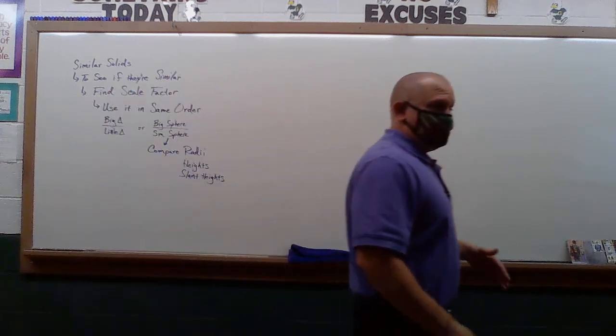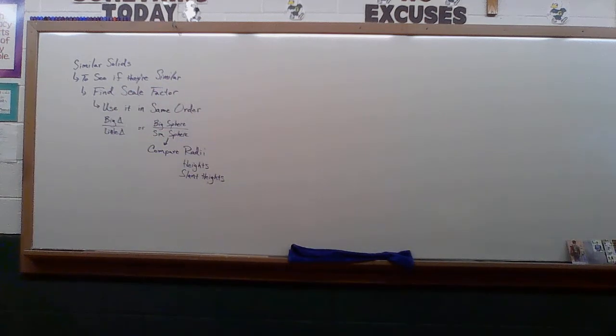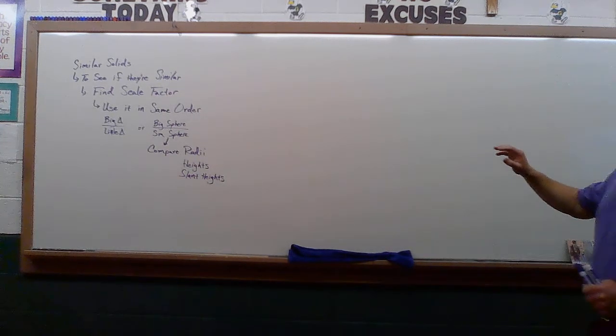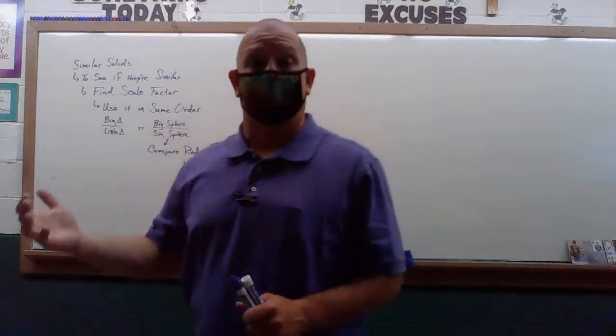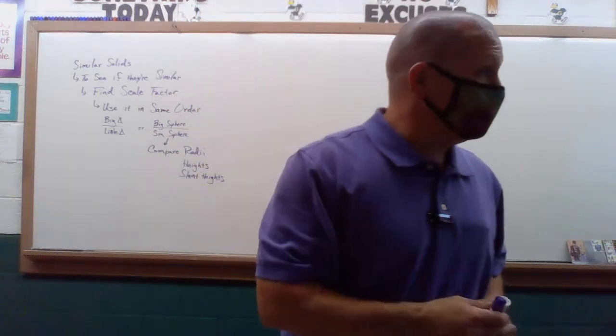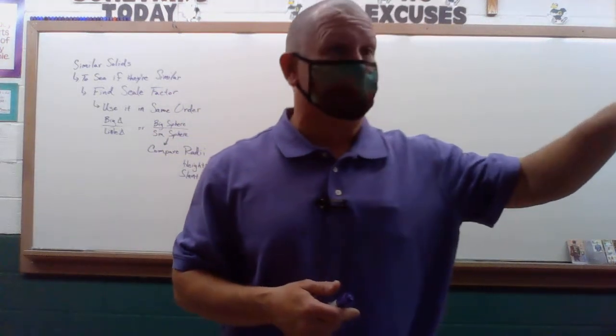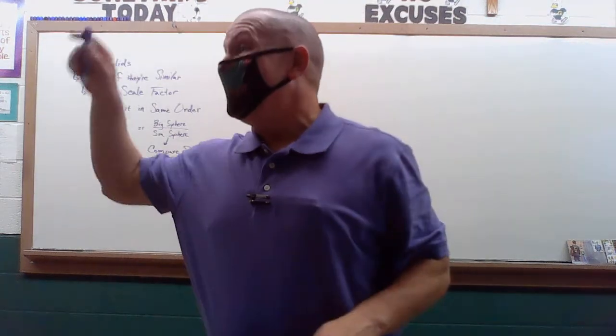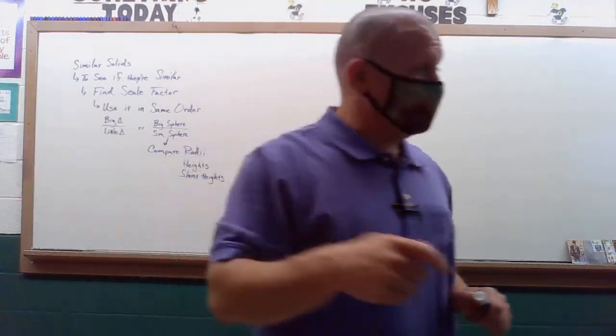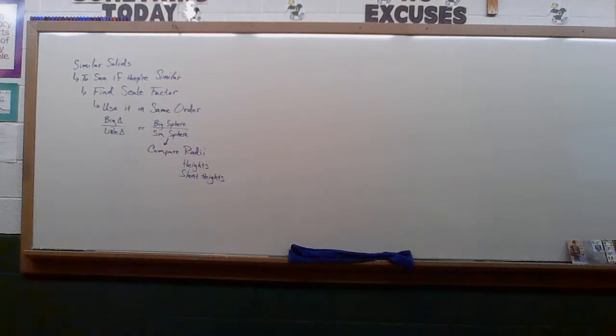So when we get into, let's say, a triangular prism, you just want to make sure that the piece of the triangular prism that you're using is the exact same piece that you're using in the bigger one to the smaller one, or whatever. Okay? You just have to be consistent.